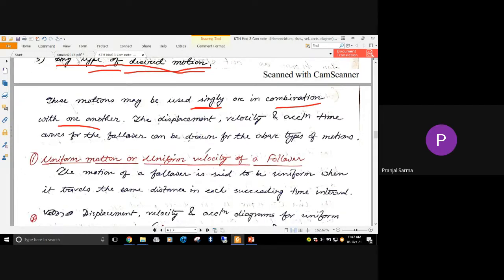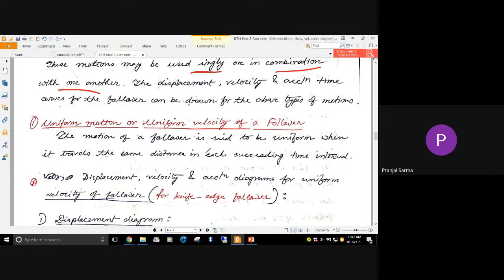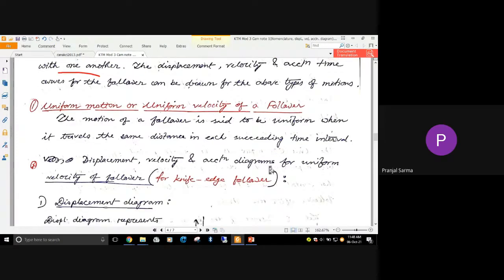If we are talking about those motions, then understanding the displacement and the higher derivatives of displacement, that is velocity, and understanding the acceleration behavior is very important. That's why we generally draw three different types of curves. We draw the displacement diagram, then the next higher one is the velocity diagram, which comes from the displacement diagram.